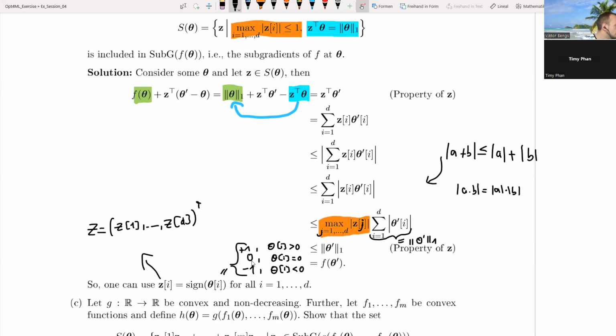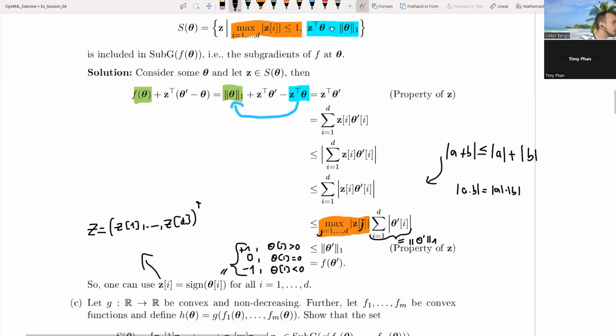But as we can see, if the z components are either +1s, 0s, or -1s, if we consider the absolute value, this cannot be larger than 1.